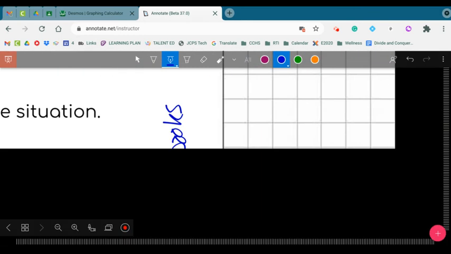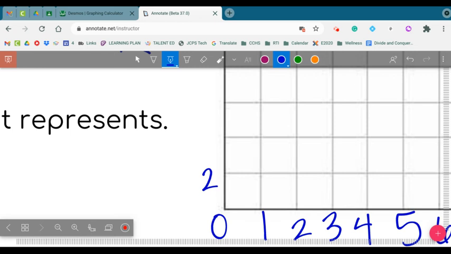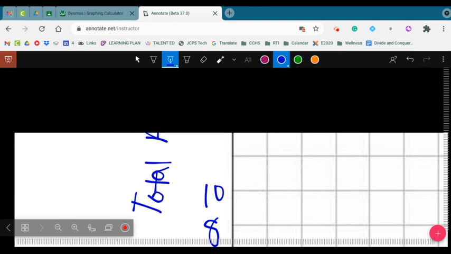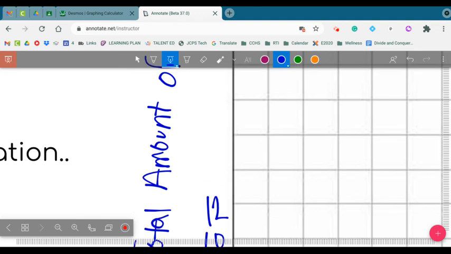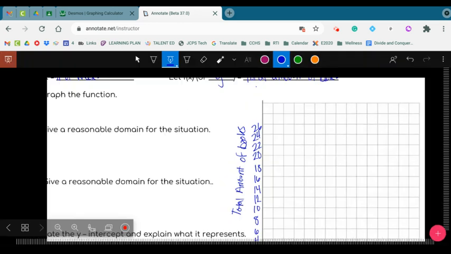So we're going to go up by 2's each time. X's, you can always go up by 1's. Oh, goodness, if I can count by 2's. 2, 4, 6, 8, 10, 12, 14, 16, 18, 20, 22, 24, 26. Okay, we're just going to go up there.